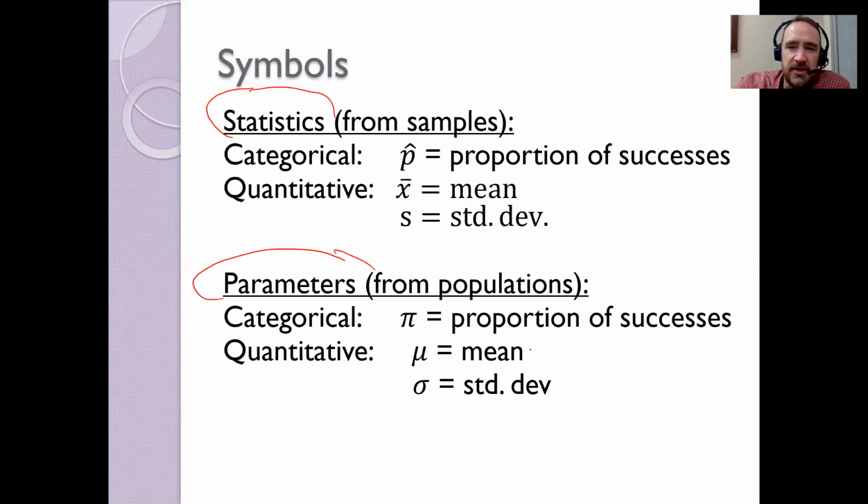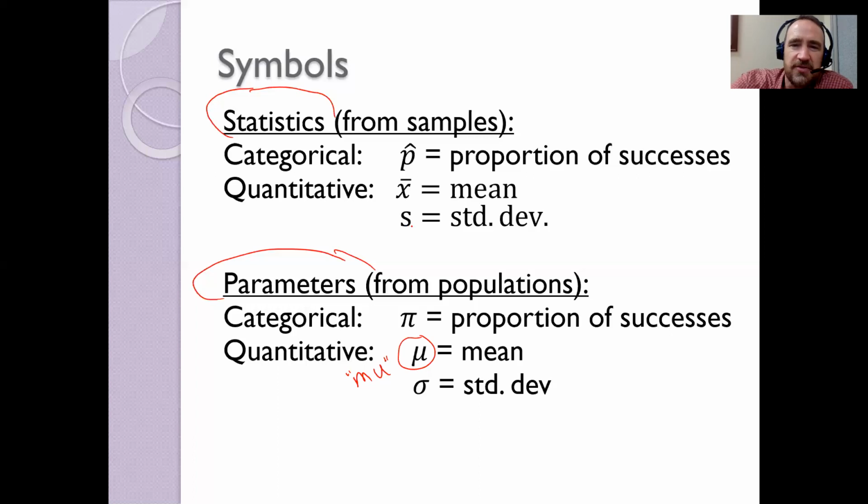Mu is the mean for the entire population. And so this letter here is the Greek letter mu. It kind of looks like a U with a little tail on the front of it, or maybe a pointy M. And that's the Greek letter M for mean.